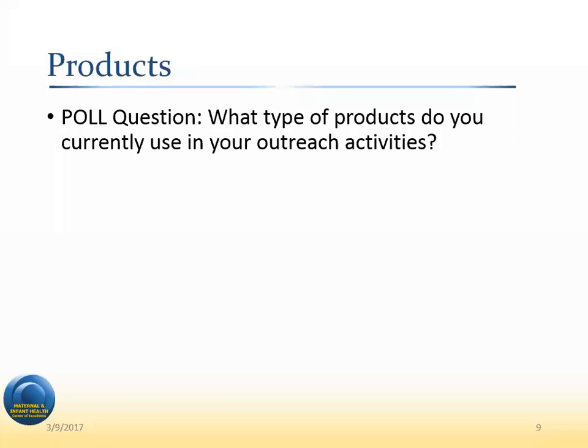Okay. And here's the results of the poll. First of all, thank you for your replies. The two most common approaches, as you can see, are using posters and flyers, as well as word of mouth.